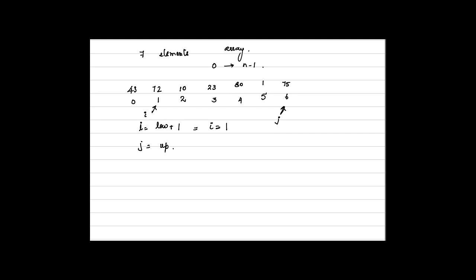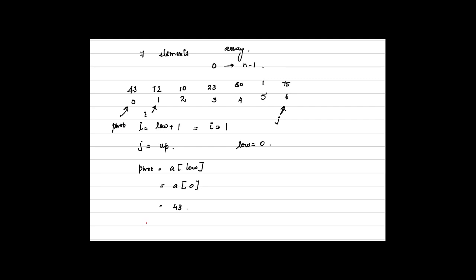So J will now point to 6. Our pivot element will be assigned A of low. A of low is nothing but A of 0, because low is 0 initially. Hence our pivot element will be 43.